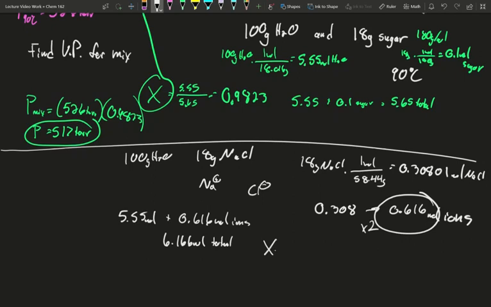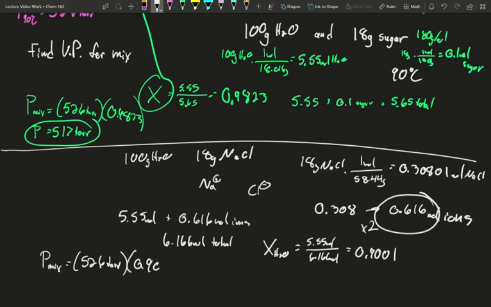That means the mole fraction that is water this time in this mixture is going to be 5.55 mole of water over 6.166 mole total, which is only 90%. So if I want to calculate the vapor pressure in this mixture, well, it's still going to be the 526 torr if it was pure water, but this time times 0.9 instead of 0.98, which means the pressure of my mix is 473 torr.